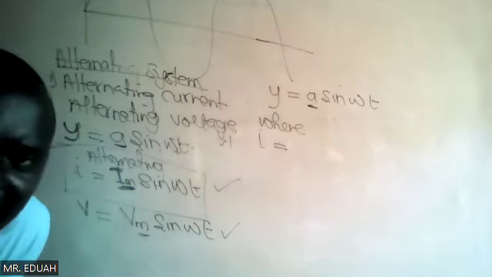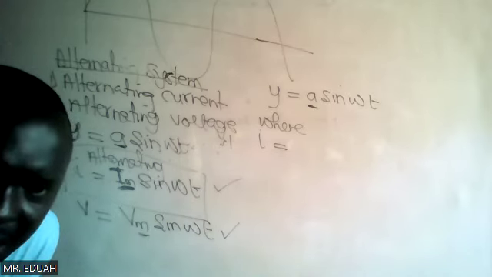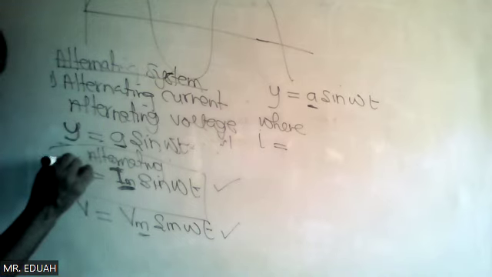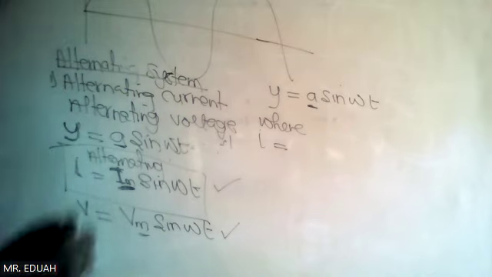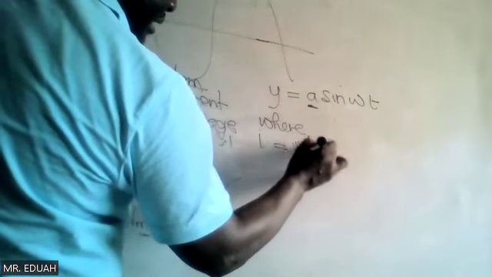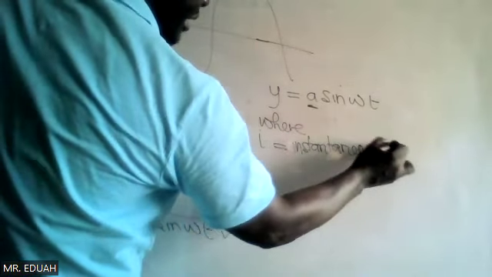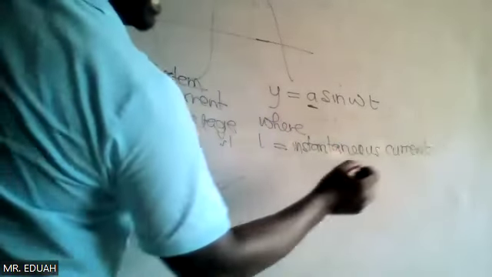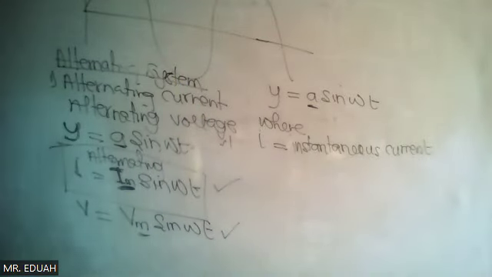So you found the displacement within that instant. Because of this, I is also known as instantaneous current, meaning current within that time or instant.